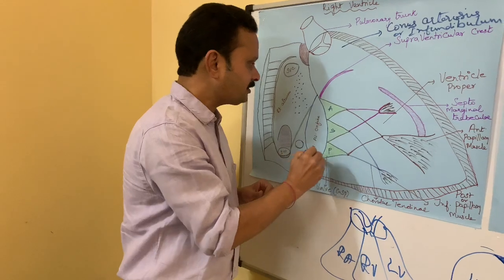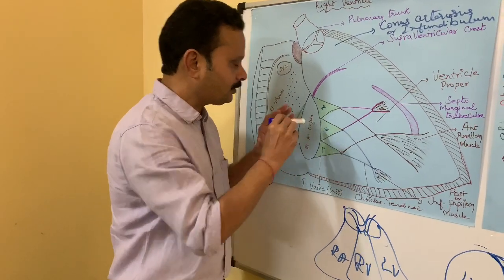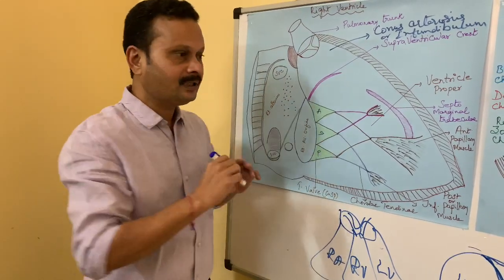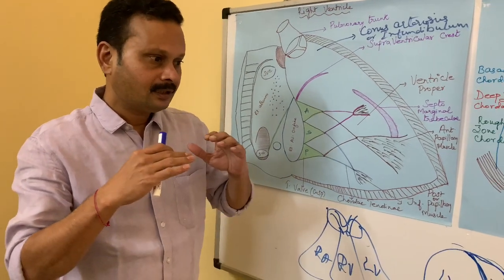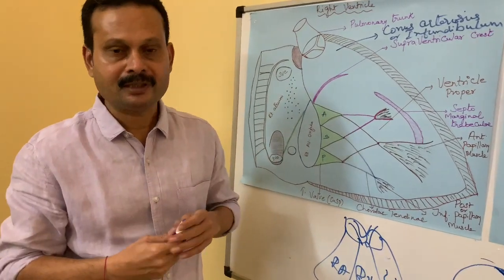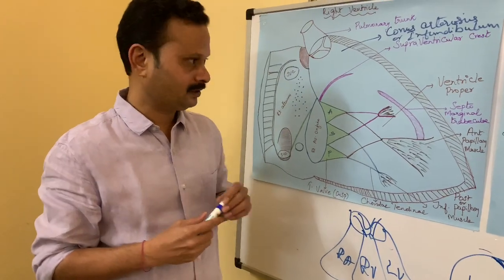The periphery of the orifice contains a collagenous rim of tissue, and that is called the tricuspid annulus.